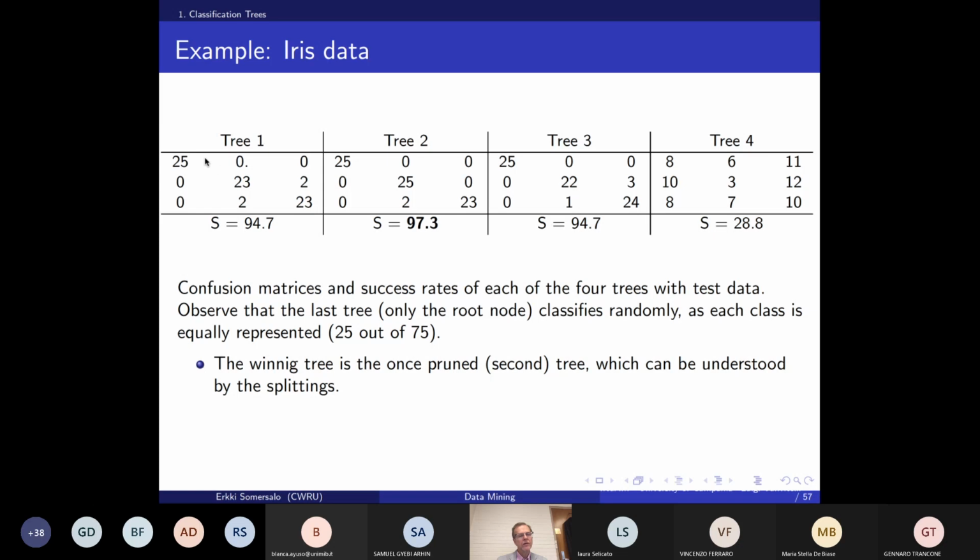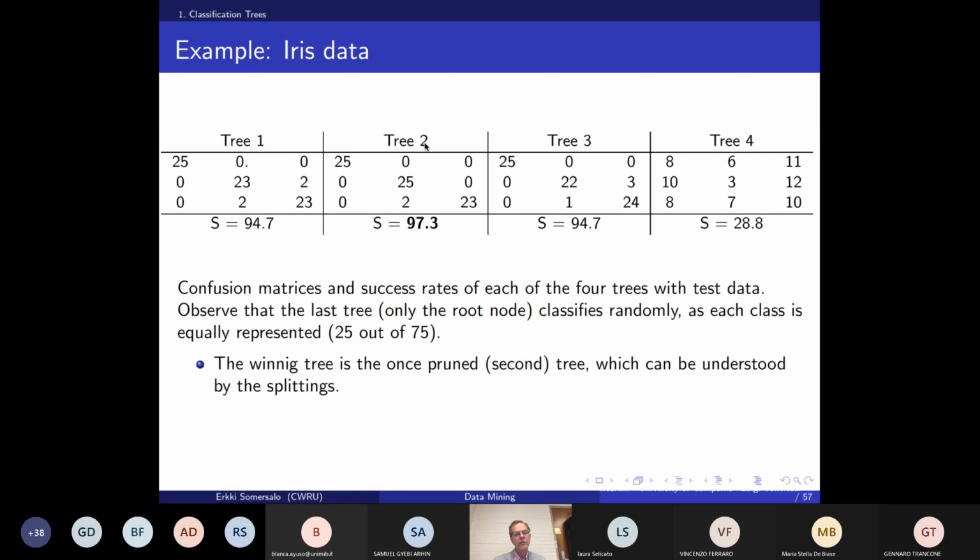So when I'm looking at this confusion matrix, I realize that the classification rate, so the percentage of points which are classified correctly, is I take the sum of the diagonals and I divide by 75, which is the total number of points. So those are the points that were classified correctly. And I realized that 94.7% of the points were classified correctly if I use tree number 1.